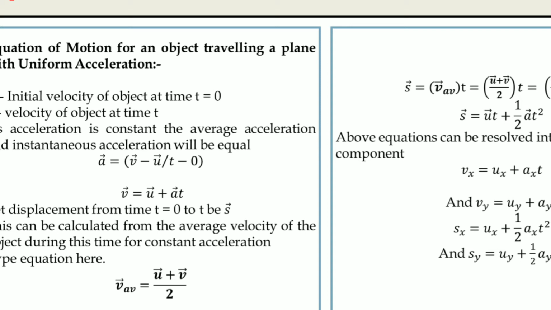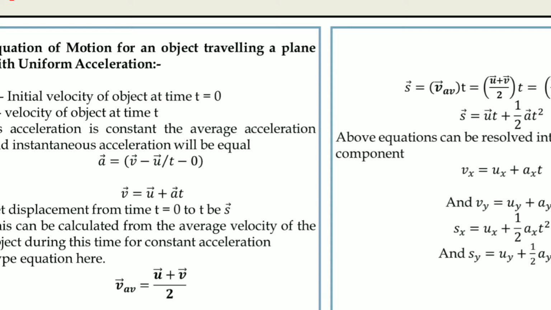There you considered u bar as the initial velocity of the object at time t equal to 0, and v bar as the velocity of the object at time t, the final velocity. As acceleration is constant, the average acceleration and instantaneous acceleration will be equal.